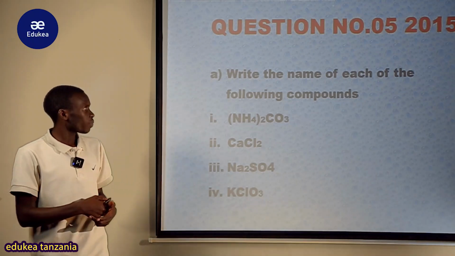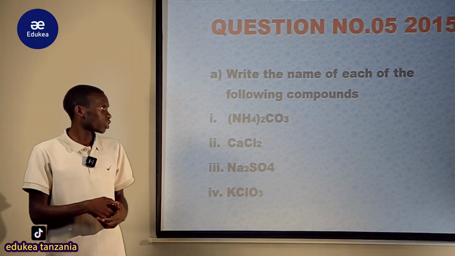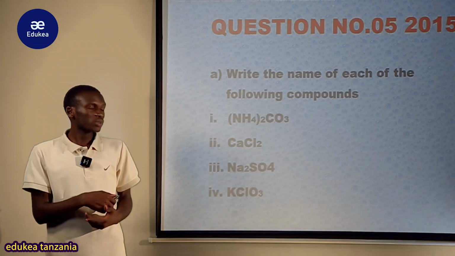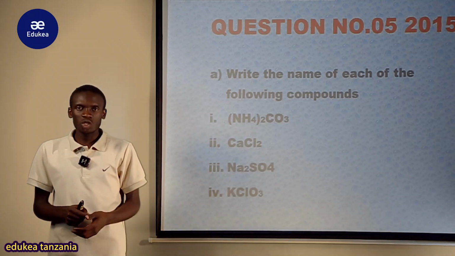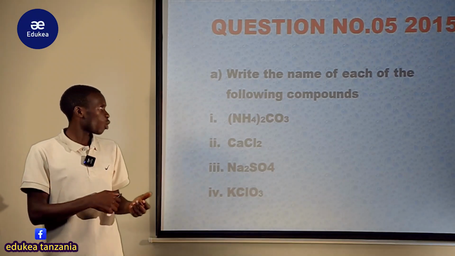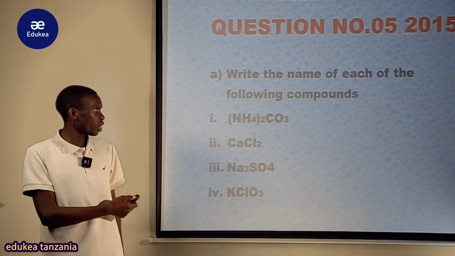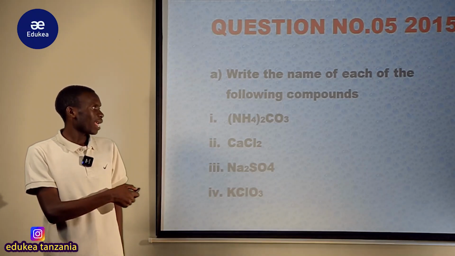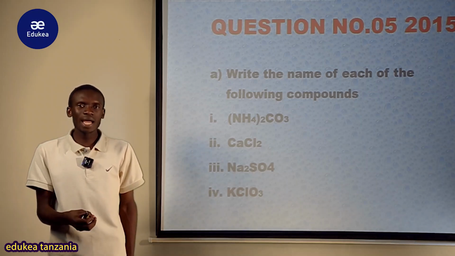And the question was, write the name of each of the following compounds. So the compounds are these, there are 4 compounds and the student was supposed to give the names. Mwanafunzi anatakiwa awe na kumbukumbu hivi vitu ni vitu gani. Lazima ajue hii compound imetengenezwa na vitu gani, cation ni ipi, anion ni ipi, the name of cation, name of anion.